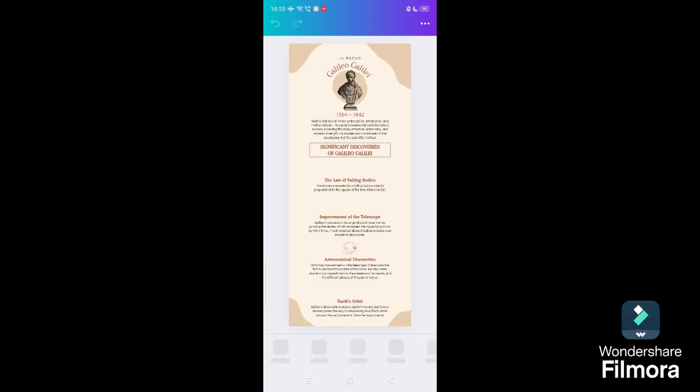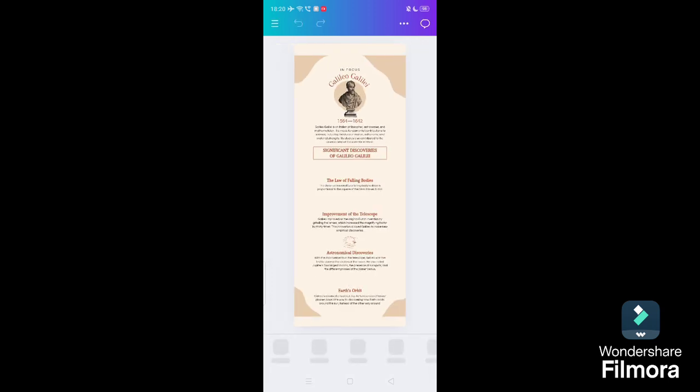Here is the scientist Galileo Galilei, 1564 to 1642. Galileo Galilei was an Italian philosopher, astronomer, and mathematician. He made fundamental contributions to science, including the study of motion, astronomy, and material strength. His studies also contributed to the development of the scientific method.